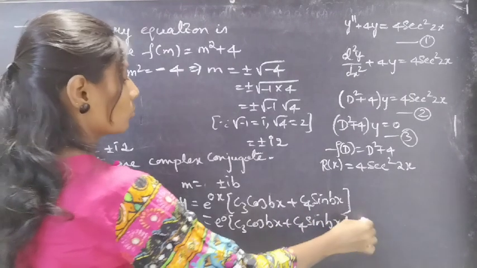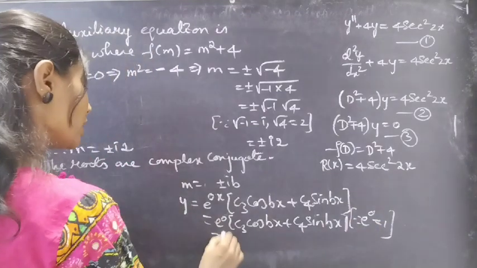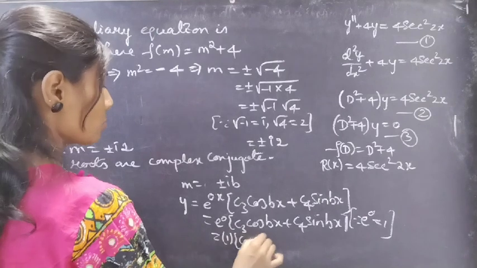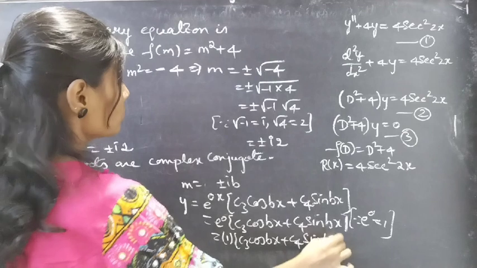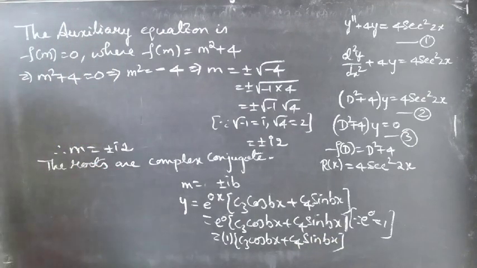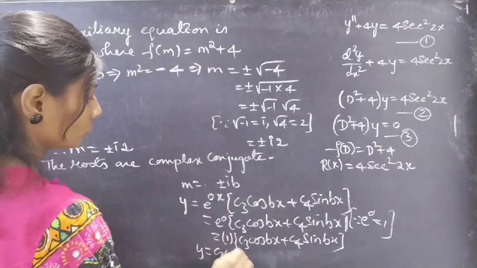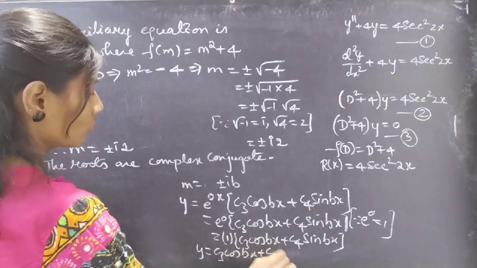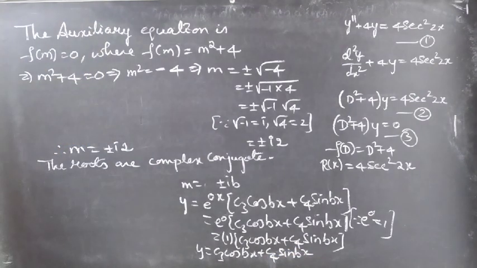Since e^0 = 1, this gives us y = c3 cos bx + c4 sin bx. Here we are taking c3, c4 instead of c1 and c2 because we want c1 and c2 to appear in the last general solution.